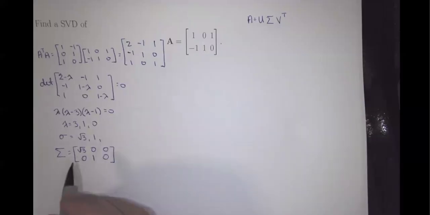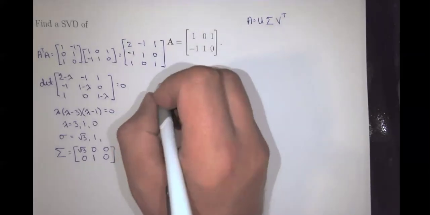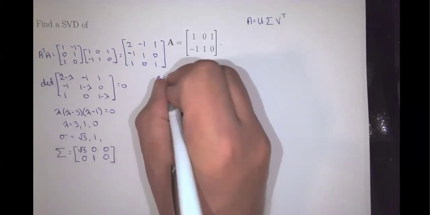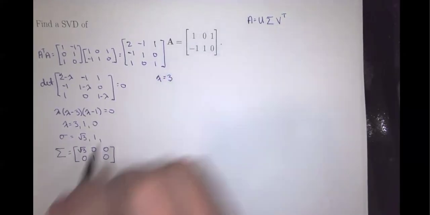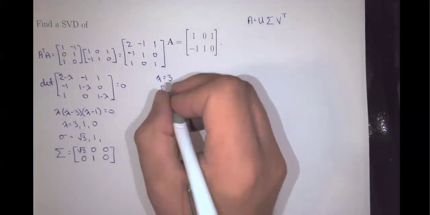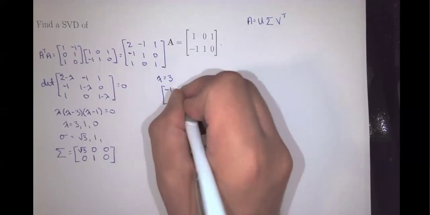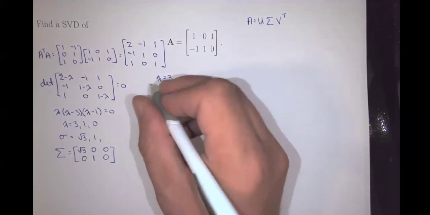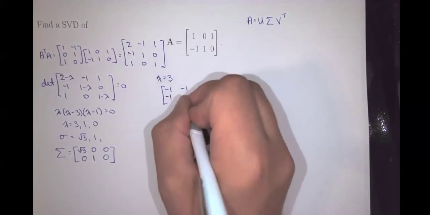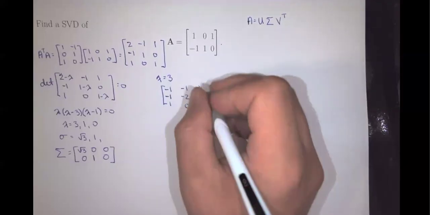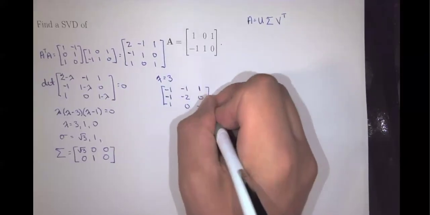To find our V, we have to find all of the eigenvectors. So let's start with lambda equals 3. When we try lambda equals 3, we end up with 2 minus 3 is minus 1, then minus 1, then 1; then minus 1, 1 minus 3 is minus 2, and then 0; 1, 0, and 1 minus 3 is minus 2 again.